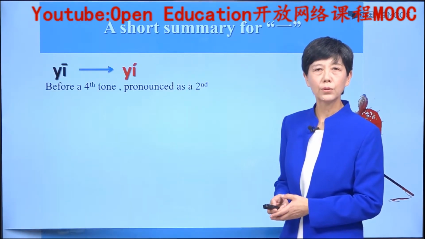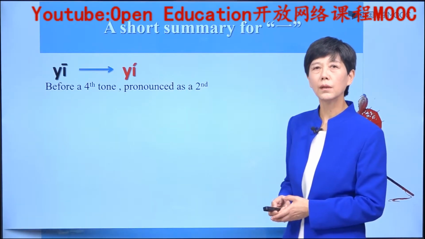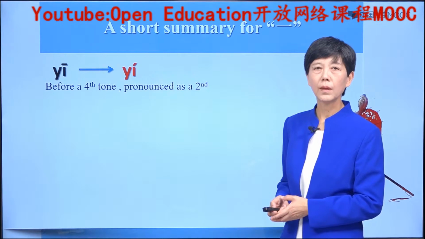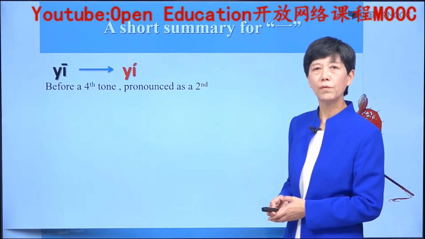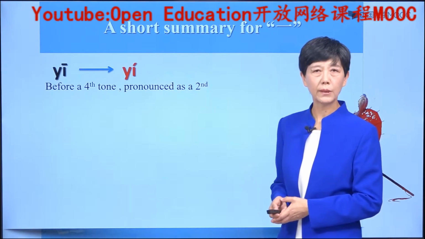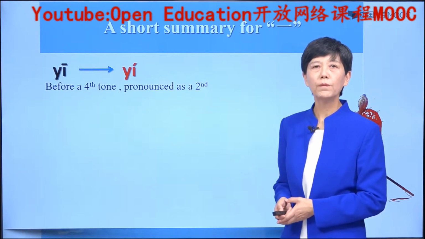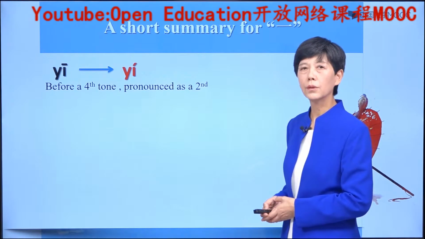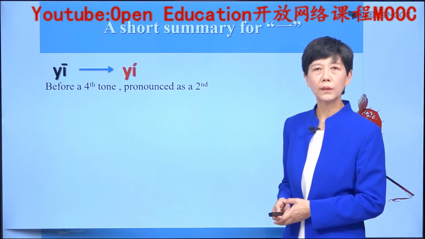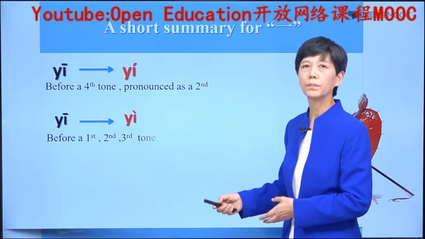Let us make a short summary for 一 regarding its tone change. The first, before a fourth tone, 一 will be pronounced as second. The second, before a first, second, third tone, 一 will be pronounced as fourth.